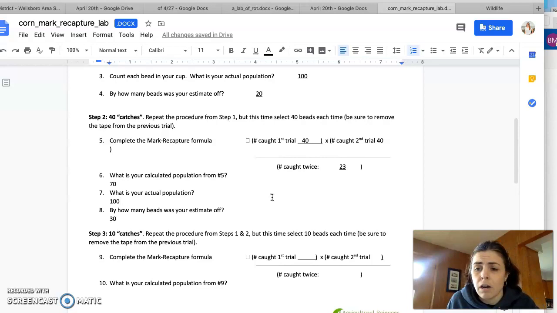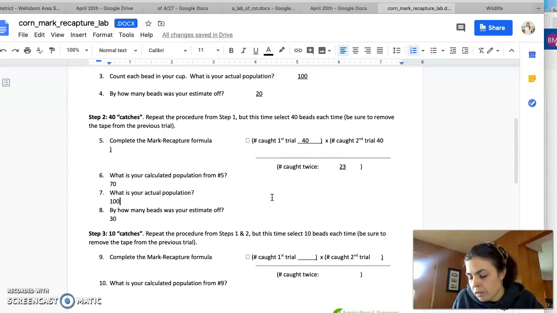Are they evenly dispersed? We would hope so, but there are certainly things that happen in populations. Animals die. There might be other factors that cause variation. And so repetition and replication of this type of thing helps to make it more accurate.